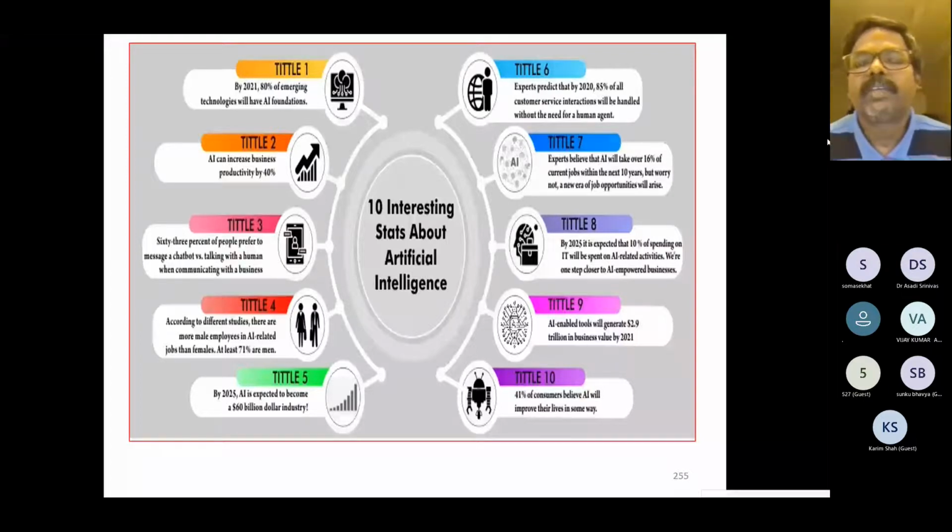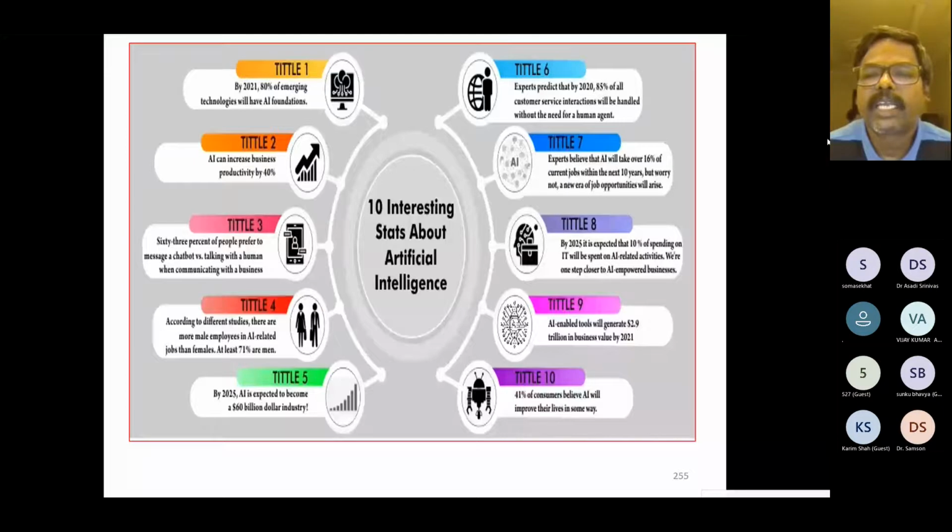Statistic 6, experts predict that by 2020, 85% of all customer service interactions will be handled without the need for a human agent. Then statistic 7, experts believe that AI will take over 16% of current jobs within the next 10 years, but worry not, a new era of job opportunities will arise.